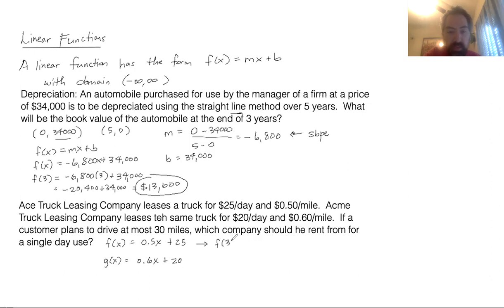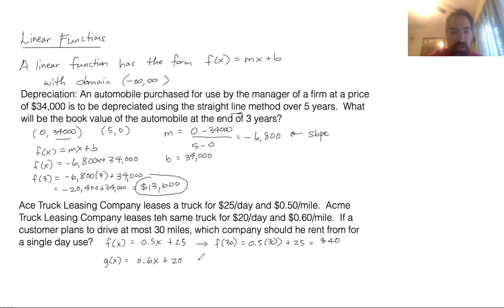So we would have 0.5 times 30 plus 25. And that would give us, 0.5 times 30 is $15 plus the 25. That gives us a total of a $40 charge.